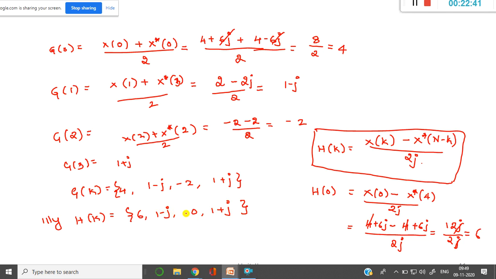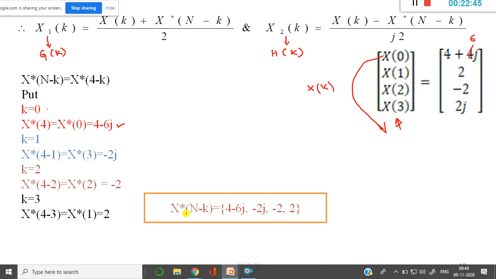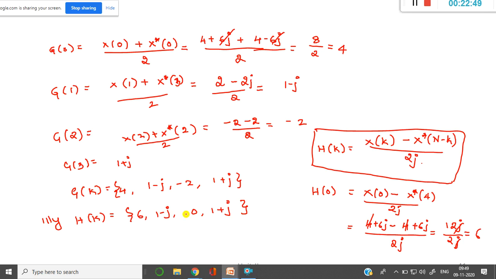So look at this. The beauty of this problem is we have applied a single 4-point DFT to calculate two 4-point sequences. You had g of n, you could calculate g of k, and you had h of n, you could calculate h of k.